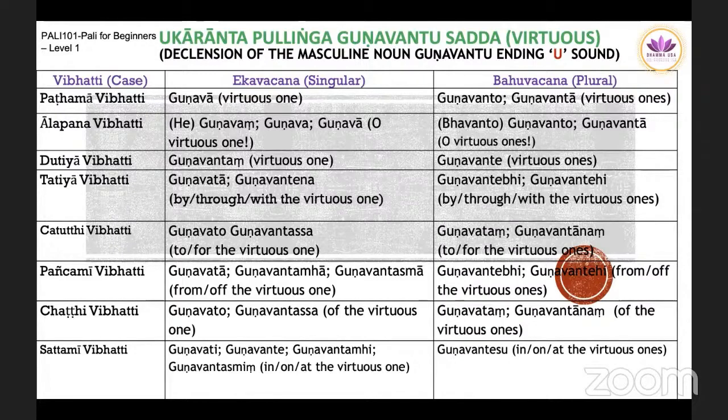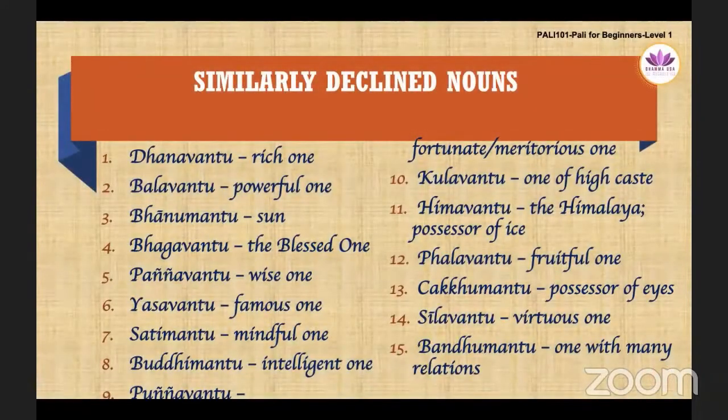Bahuvachana: himavantebhi, himavantehi. Chatthi vibhatti: himavato, himavantassa. Bahuvachana: himavantam, himavantanam. Sattami vibhatti: himavati, himavante, himavantamhi, himavantasmin. Bahuvachana: himavantesu. Sadhu, sadhu, sadhu. Okay, next Phalavantu, fruitful one.